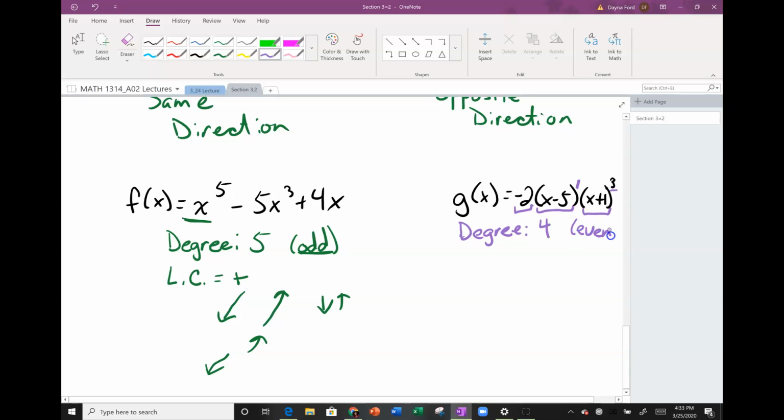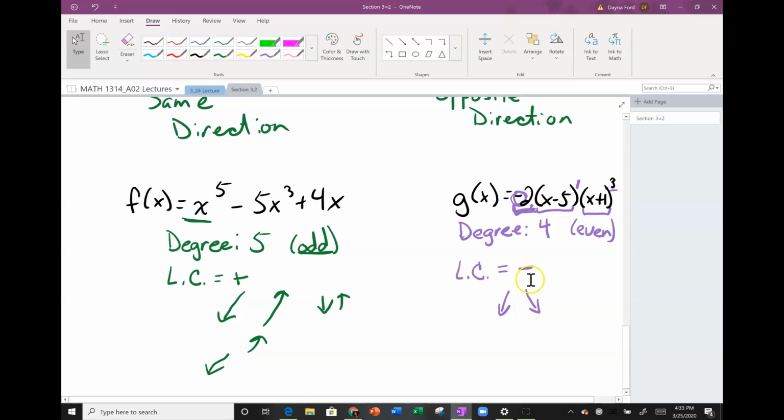So even means they're going the same direction. My leading coefficient, if you look at this first term here, is going to be negative. So if they're even and they're negative, that means I'm going down on the right-hand side. Even means they're going the same direction, so it's down and down.